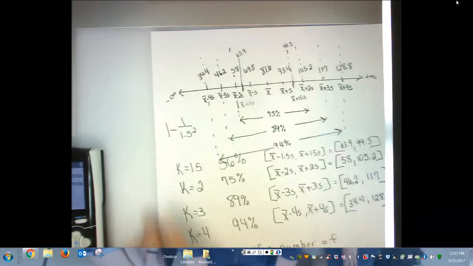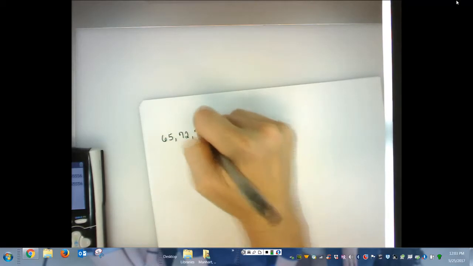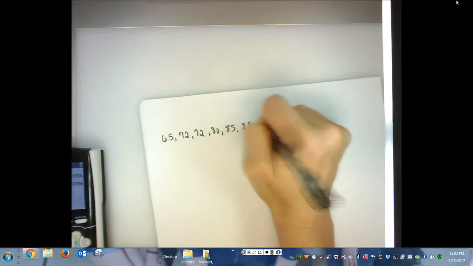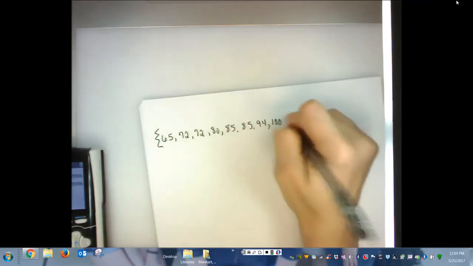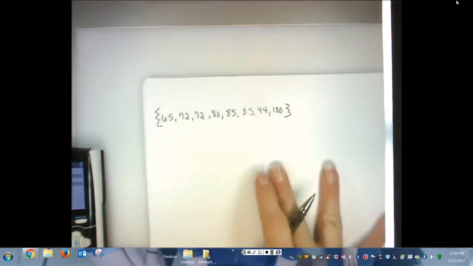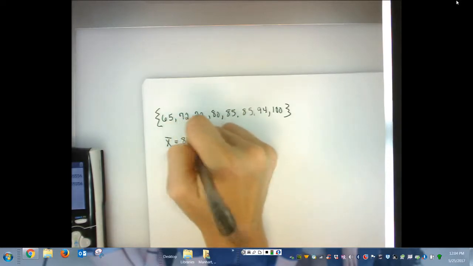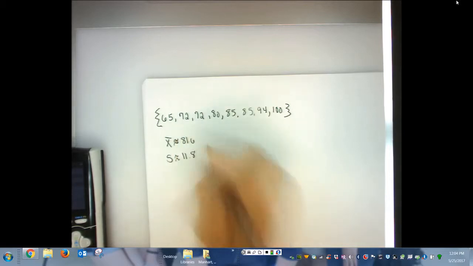To do that, I'll write out the data values again for the data set. 65, 72, 72, 80, 85, 85, 94, and 100. Here. And again, we know the average is approximately 81.6, and the standard deviation is about 11.8.